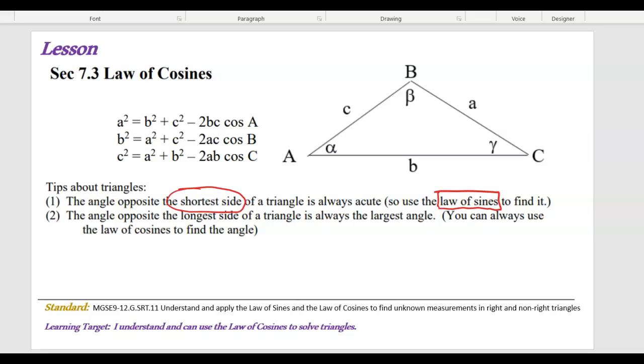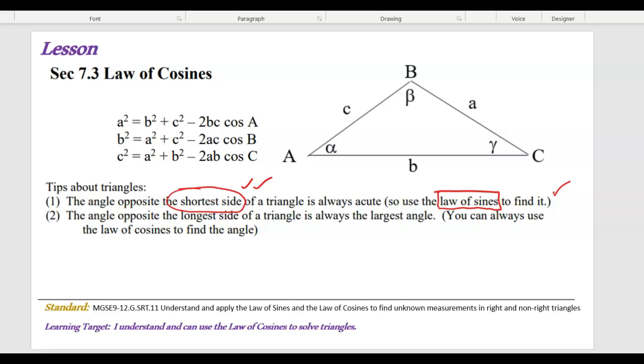If you use the longest side to find the angle opposite, sometimes it should be an obtuse angle, but the law of sines will never give you one. I'll mention that as we use that fact, because when you use the law of cosines, you then have to go back within the problem to using the law of sines. So when using the law of sines, if you have to choose between two sides, always go with the shortest side. Why? We'll see that when we get there.